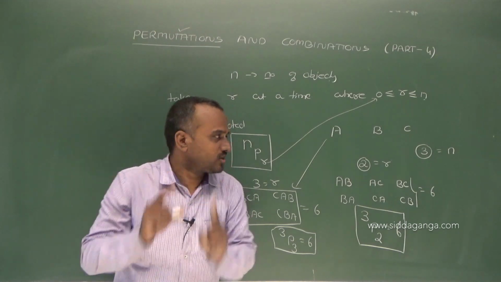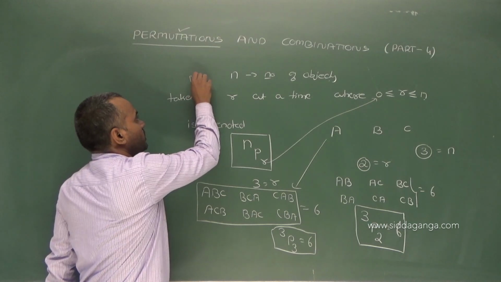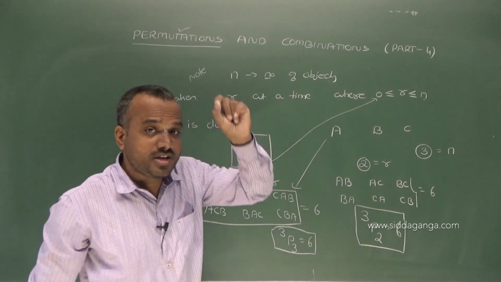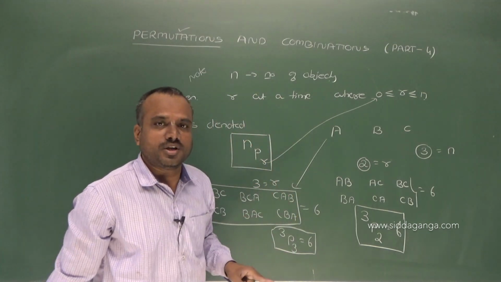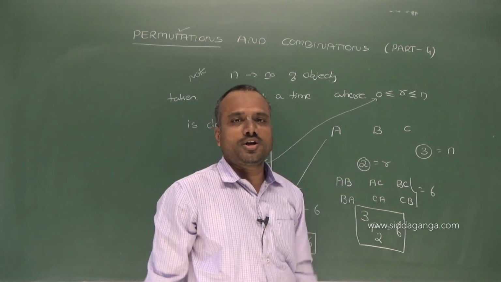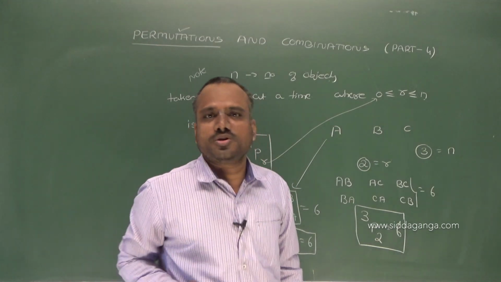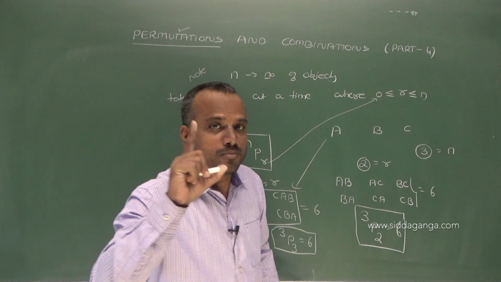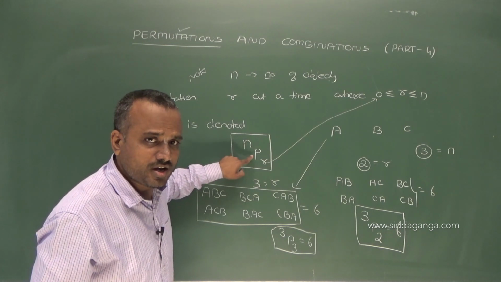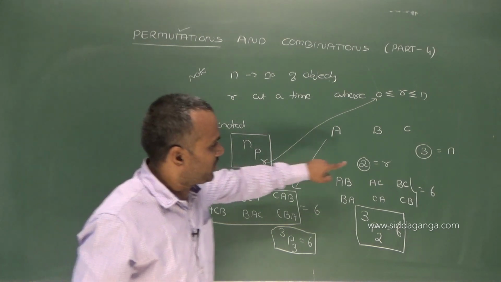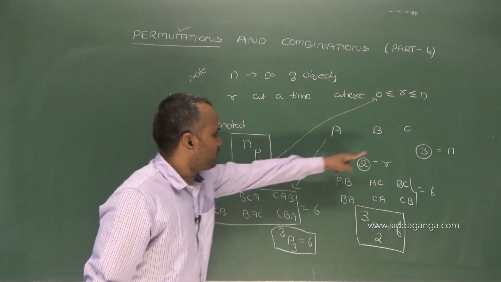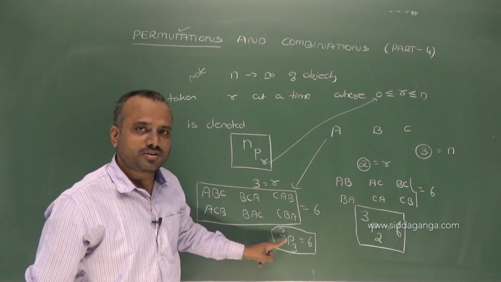Notation for permutation, this is very important to note. N number of objects we have to arrange r at a time is denoted by nPr, where r must be greater than or equal to 0 and less than or equal to n. 3 objects taken 2 at a time is nothing but 3P2. 3 objects taken 3 at a time is nothing but 3P3.